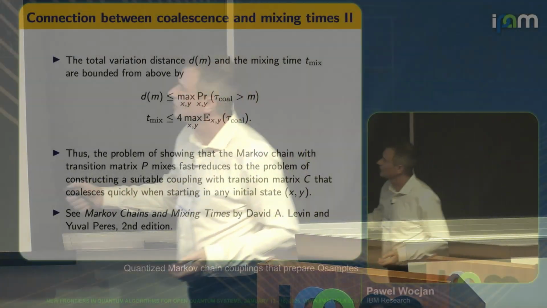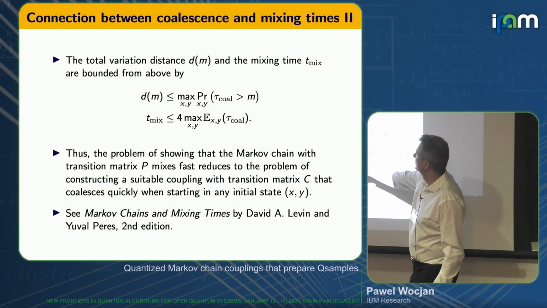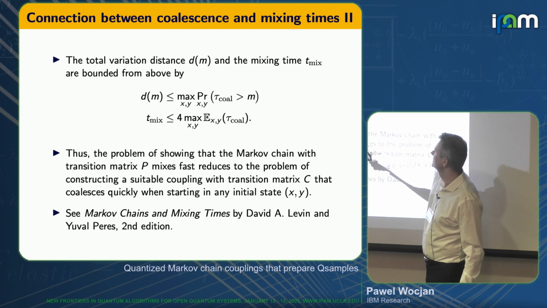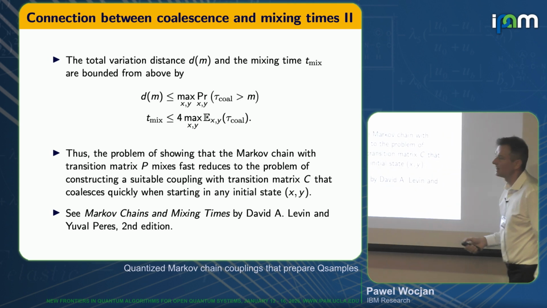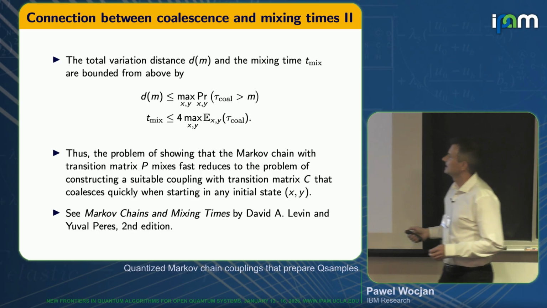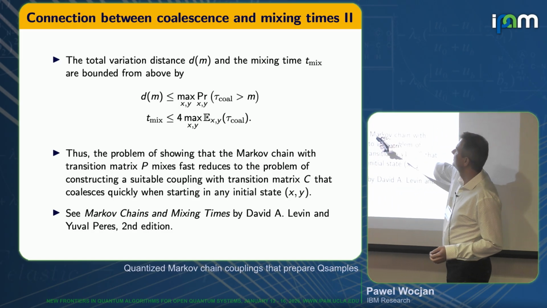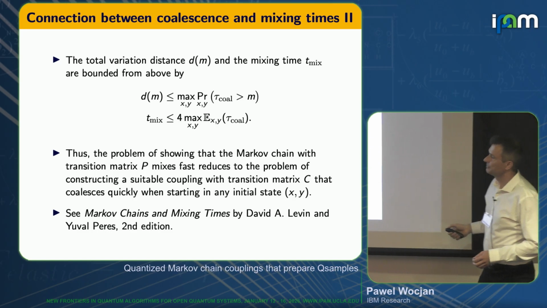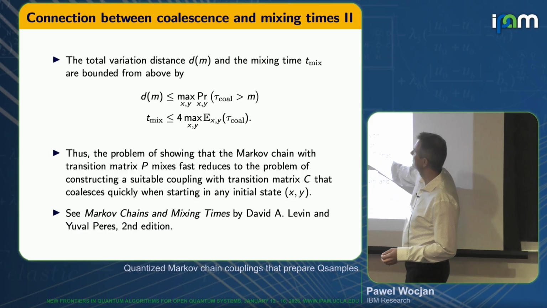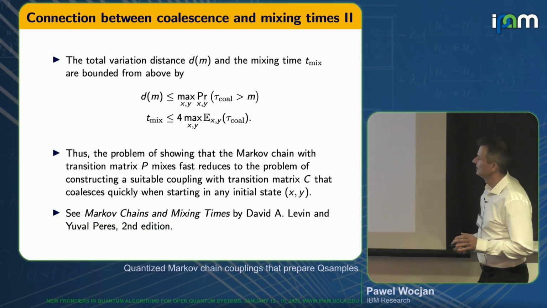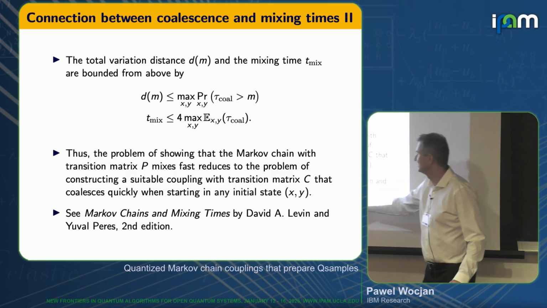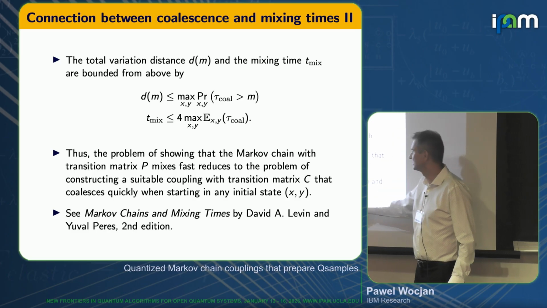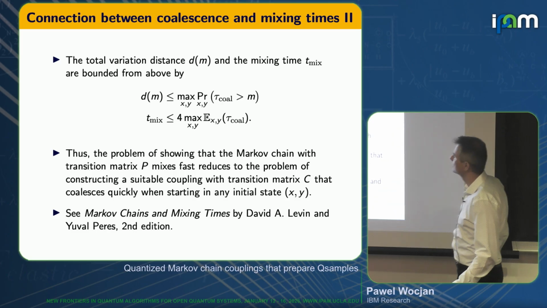And what one can show is that this total variation distance can be upper bounded by the probability that the coalescence time is larger than m. But the details are not that important. There's this nice book you can read about couplings and Markov chains in general.